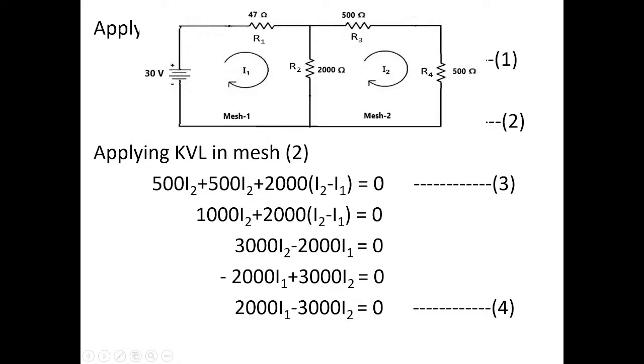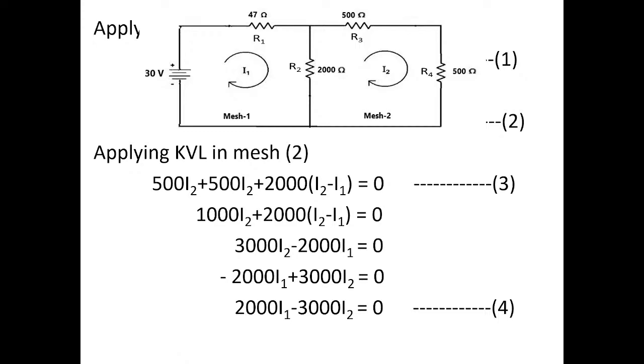Current is I2. So 500 into I2. Okay. So voltage drop across R3 is 500 into I2. Next, voltage drop across R4 is 500 into I2 plus 2000 into the same which we have written similar to the previous KVL equation for mesh 1.